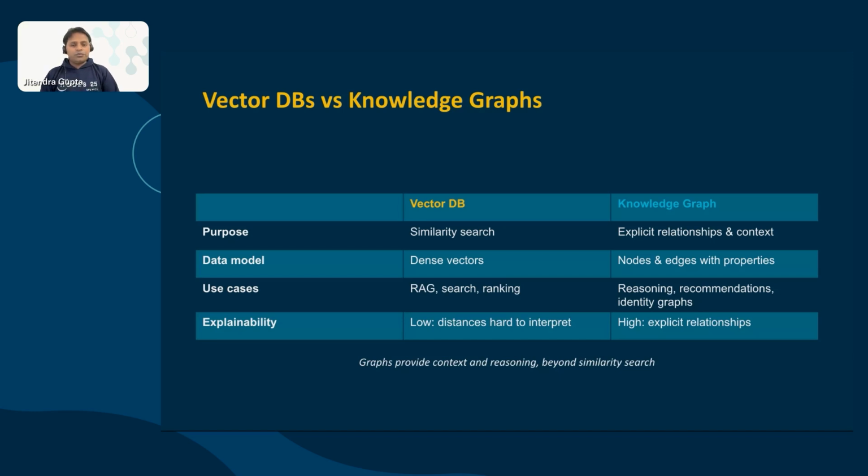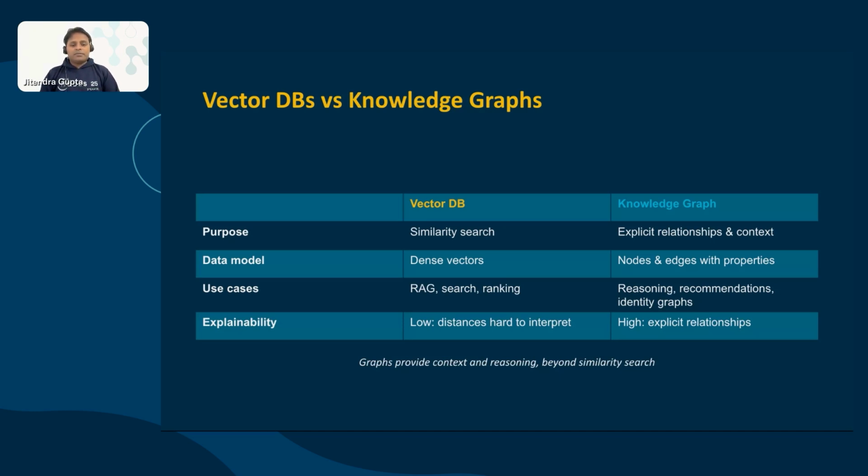Taking some use cases: with vector DBs, we see uses like RAG search and ranking. But with knowledge graphs, we get reasoning capabilities enhanced, recommendations, or identifying relationships, all those capabilities can be looked for in knowledge graphs.